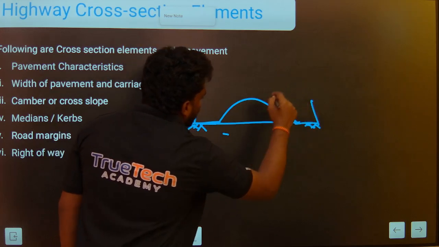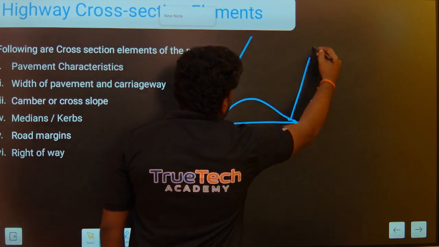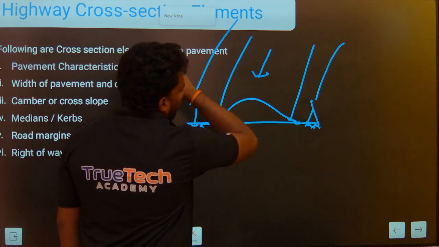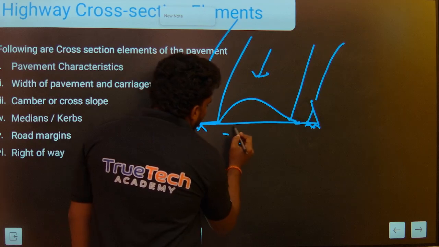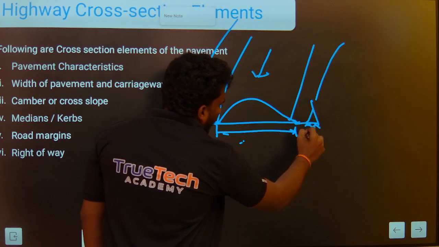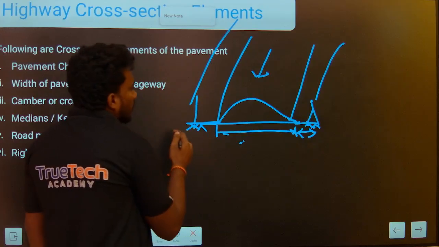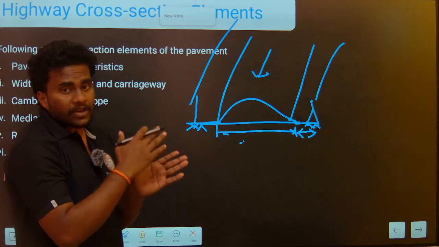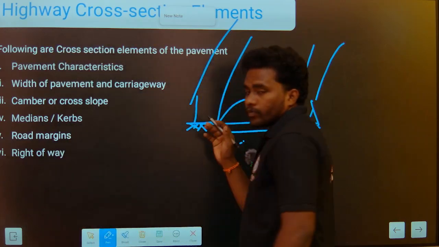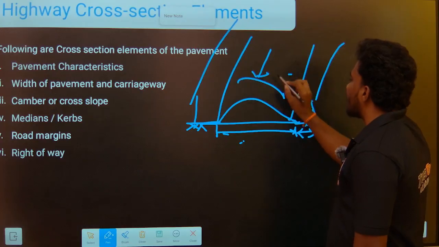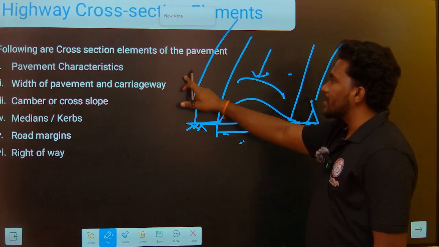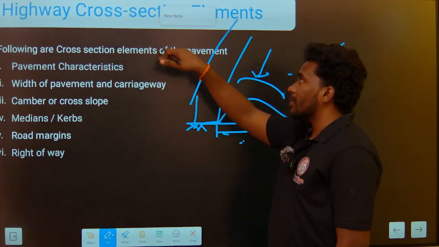For example, for a vehicle going on it, what is the lane width, how much is the shoulder width, how much is the carriageway width, how much is the formation width, how much is the right of way width, and what are the pavement characteristics, like how the pavement surface looks. These are the cross section elements.